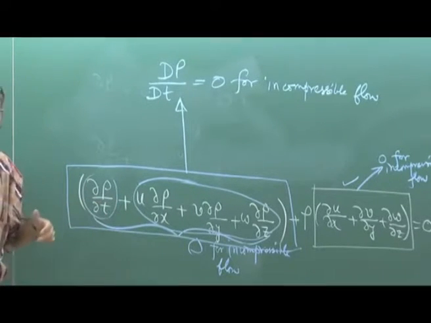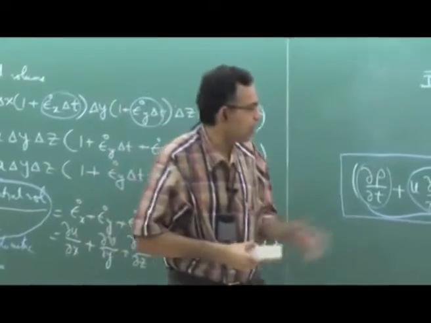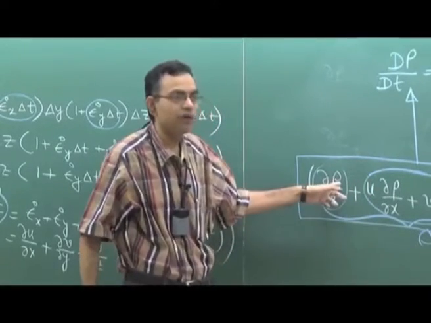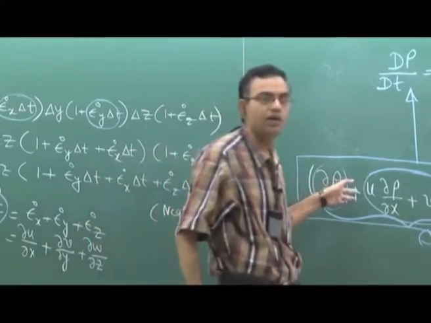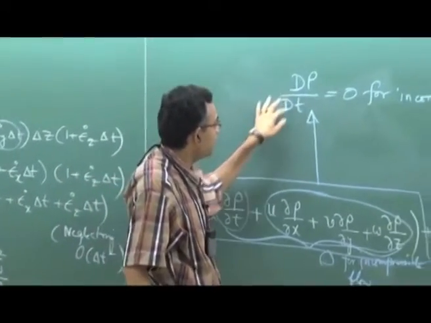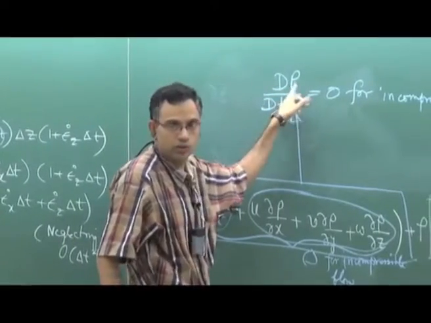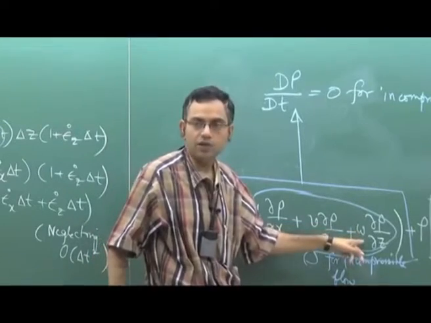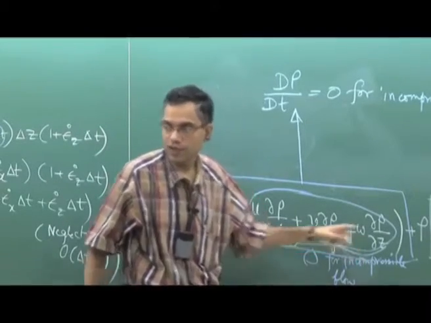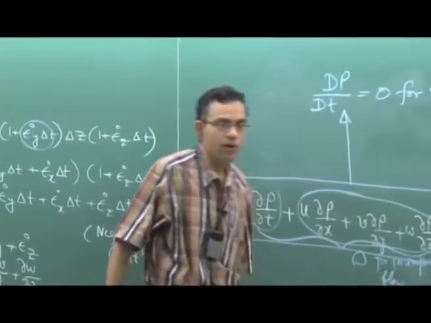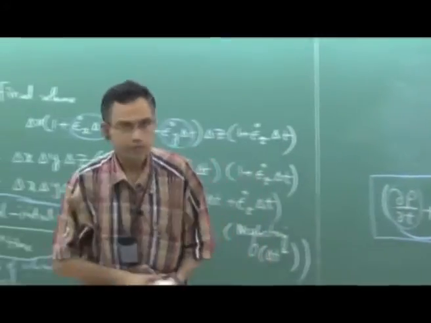In your earlier course on fluid mechanics you have learned that the total derivative of velocity is acceleration. In place of rho if you write u, then that is acceleration along x. So this is just the capital D Dt operator operating on rho. This is the unsteady component and this is the advective component, the component due to flow. So the sum total of these two is 0 for incompressible flow.